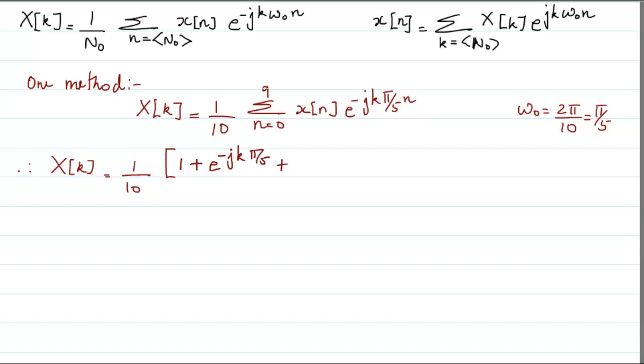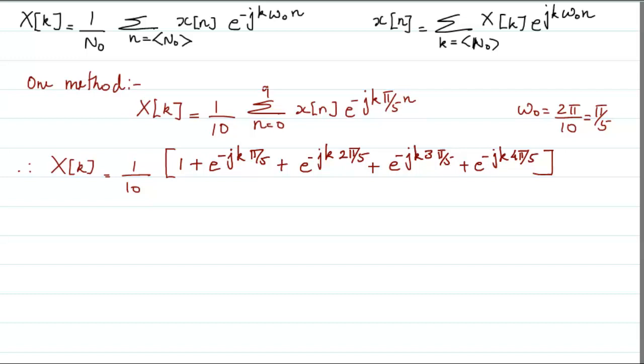Plus the next value is e raised to power minus j k pi by 5 into 2, which is 2 pi by 5, plus the third value is again 1 into e raised to power minus j k 3 pi by 5, and the last value is plus e raised to power minus j k 4 pi by 5. So these are the exponential values which you can now substitute using a calculator for different values of k.